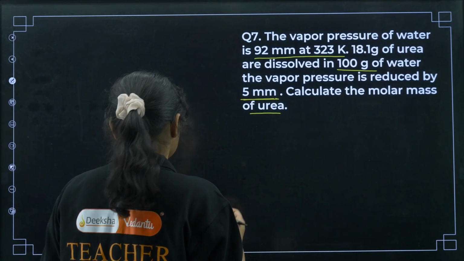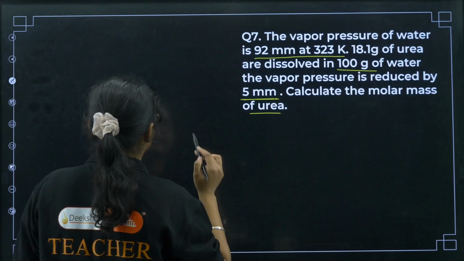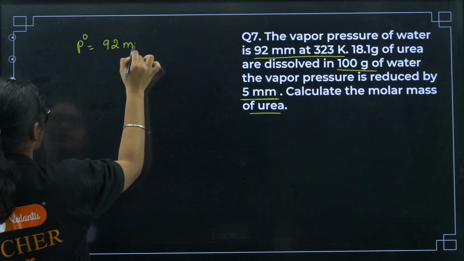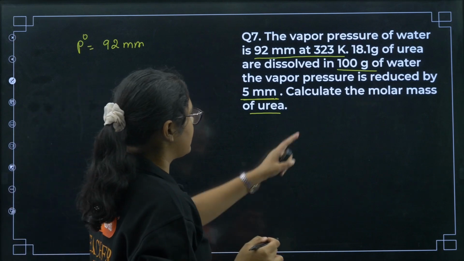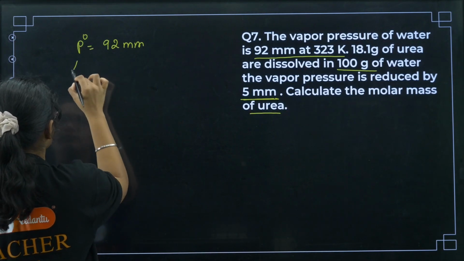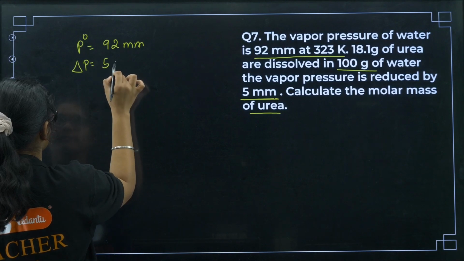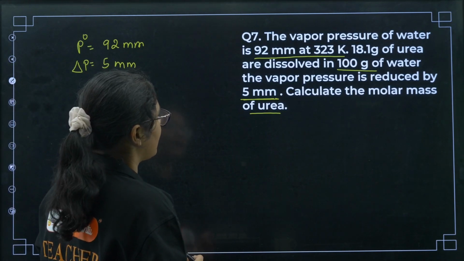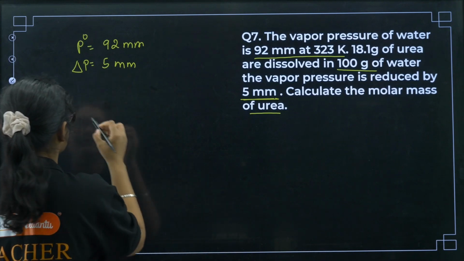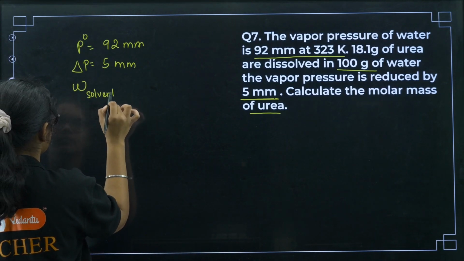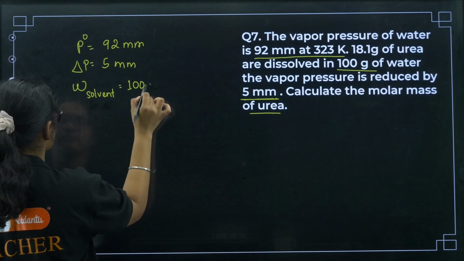Fine, so let us again put the value. First is 92. So P naught value of water is 92. Next it is said that it is reduced by 5 mm, right? So that means your delta P value is 5 mm. Then we have urea dissolved in 100 gram of water. So mass of solvent is 100 gram, right?